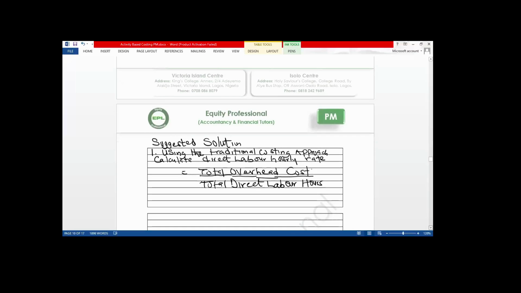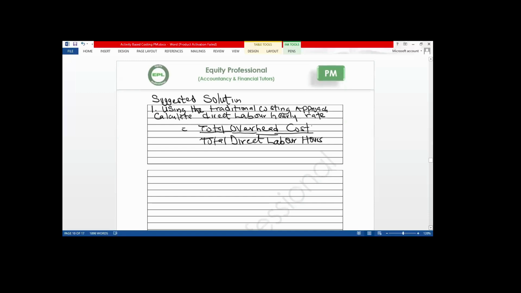Your direct labor hourly rate is calculated as the total overhead cost divided by the total direct labor hour.